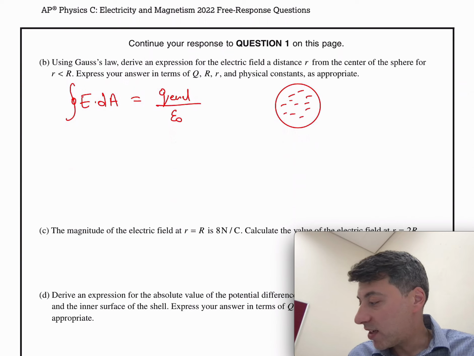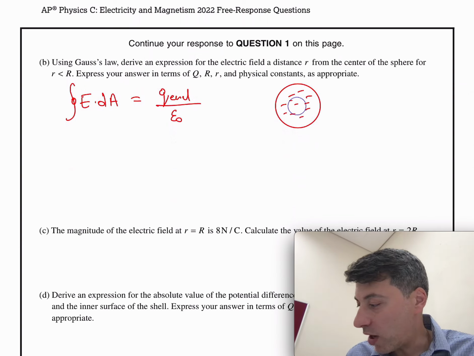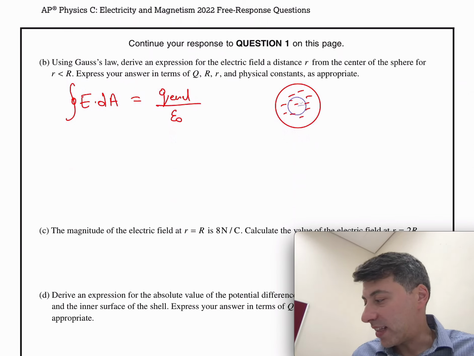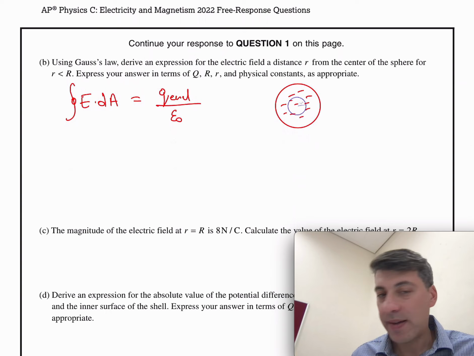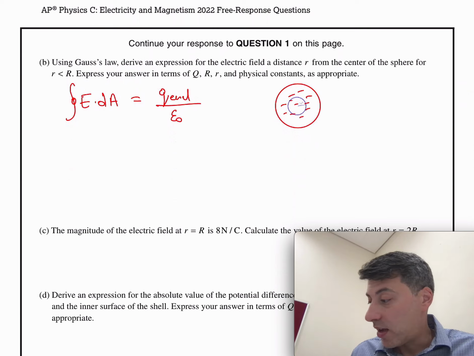But if we consider a Gaussian surface of a small radius r, we need to figure out what is the value of the electric field at the surface of this Gaussian sphere.